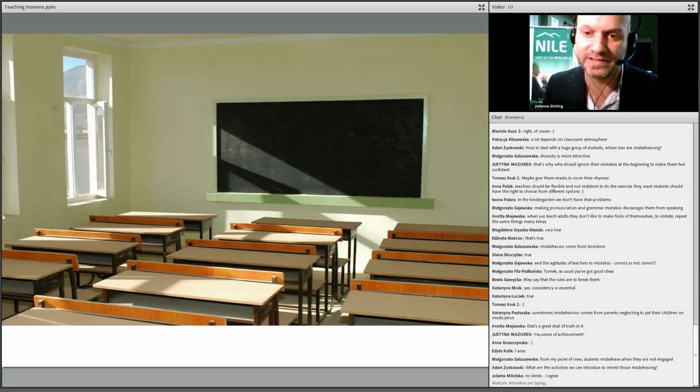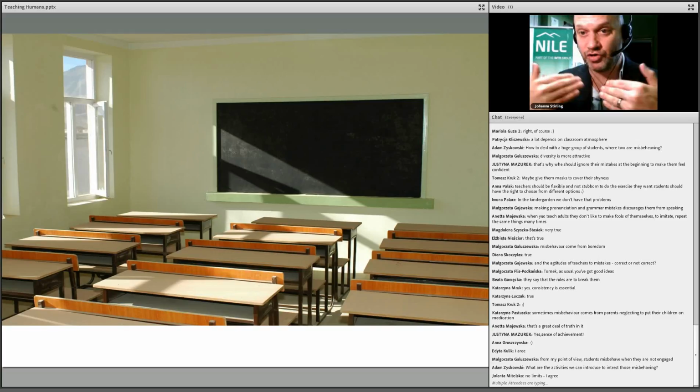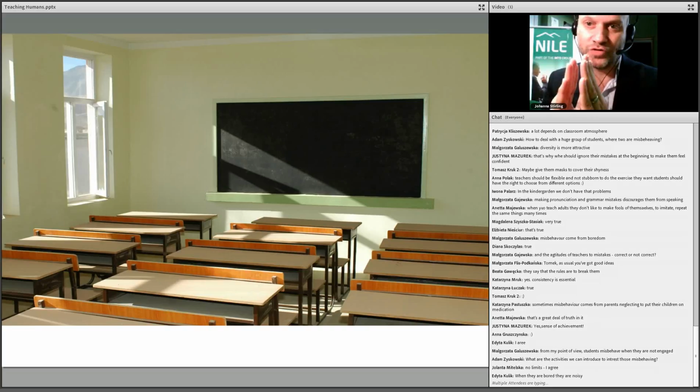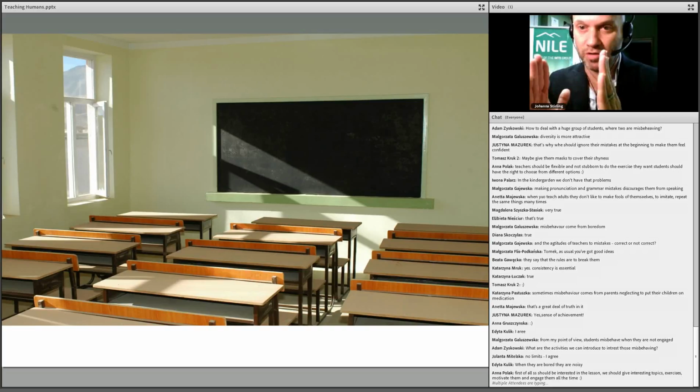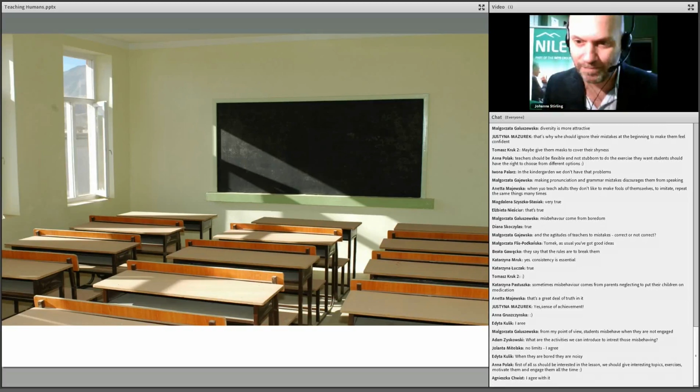In some cases that's the interaction between the teacher and the student, in some cases between the student and the student, in some cases between the student and the book.